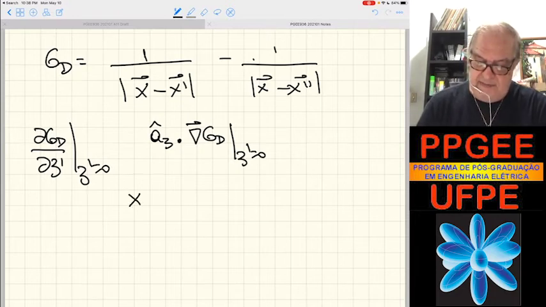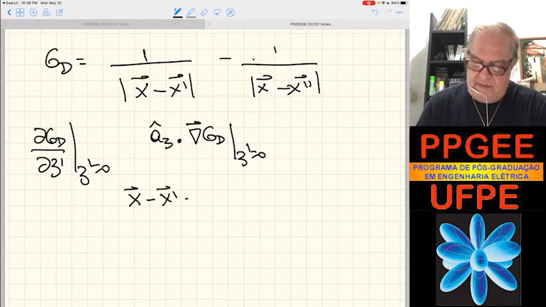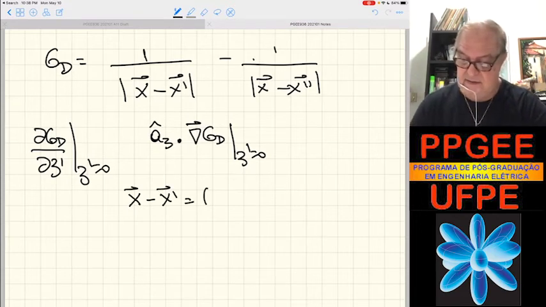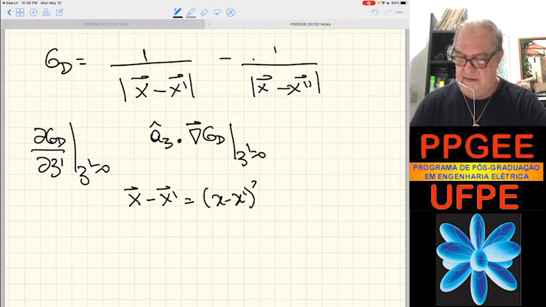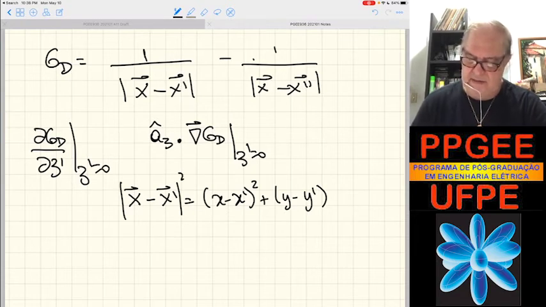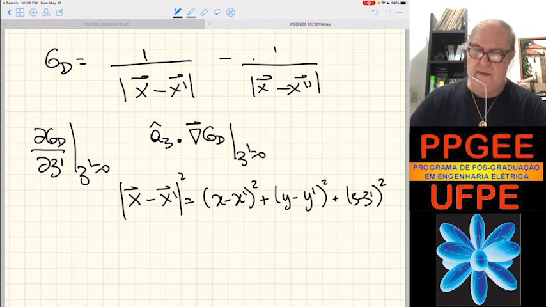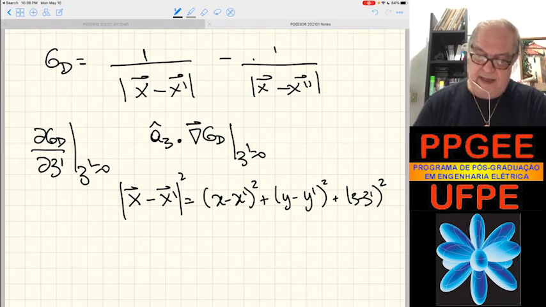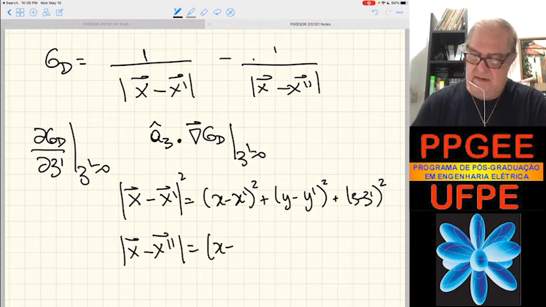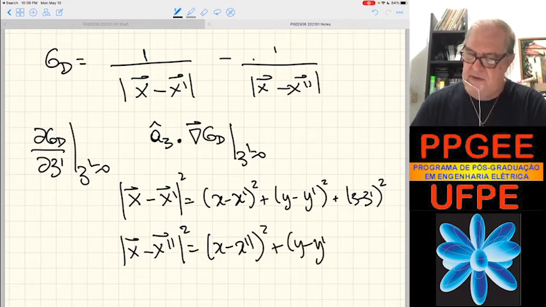You see that |x minus x prime| in rectangular coordinates is like this, the magnitude squared. And |x minus x2 prime| is given by this square: (x minus x2 prime) squared plus (y minus y2 prime) squared plus (z minus z2 prime) squared.